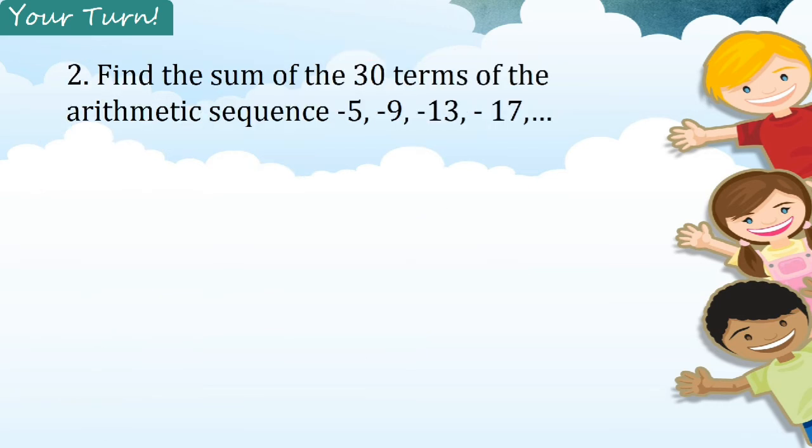For number 2, find the sum of the 30 terms of the arithmetic sequence negative 5, negative 9, negative 13, negative 17, and so on.